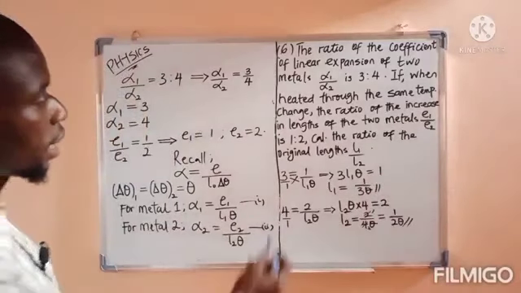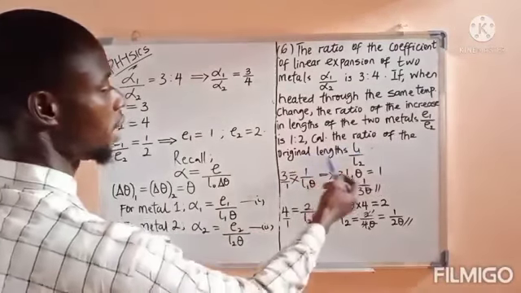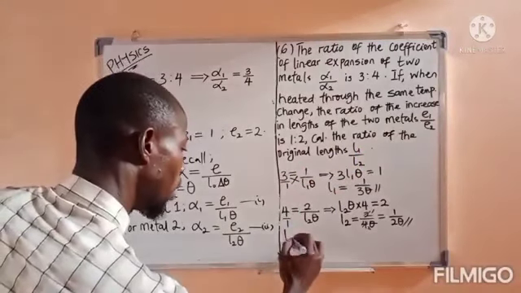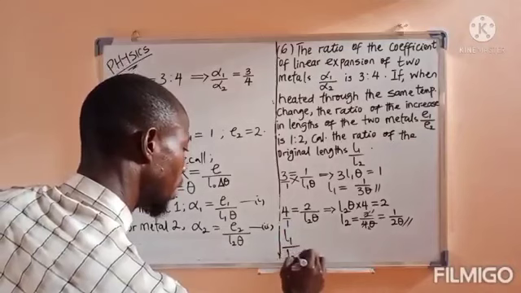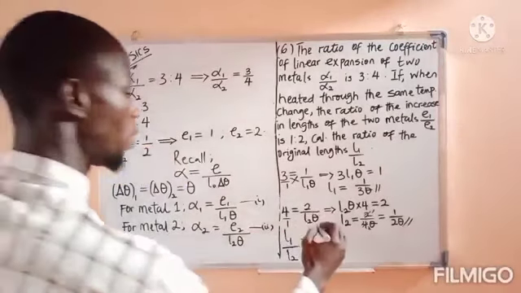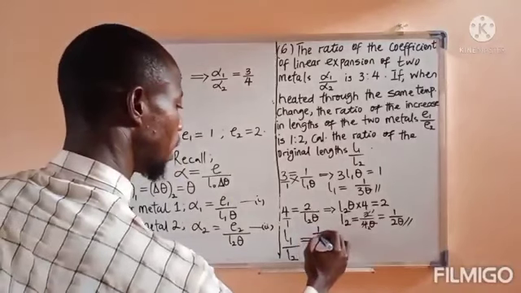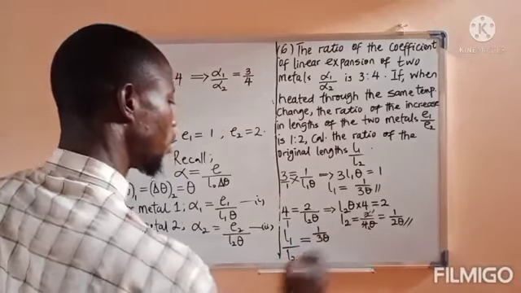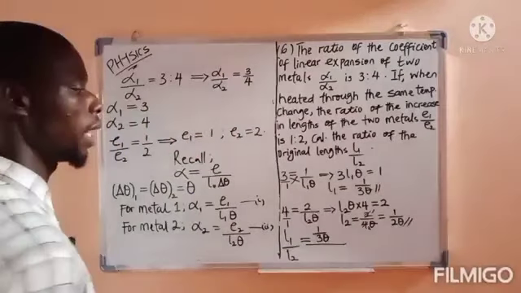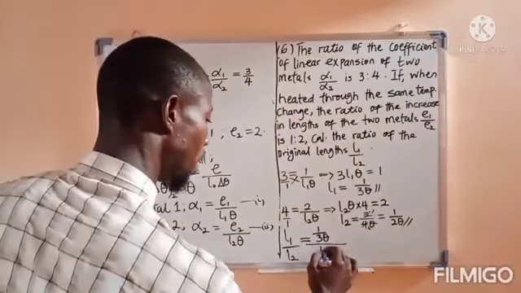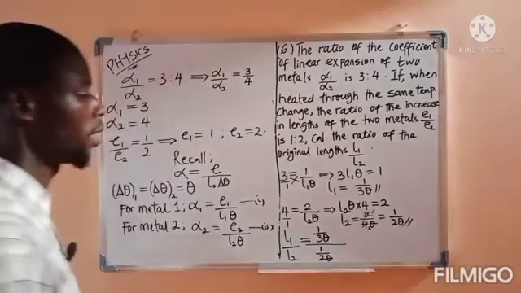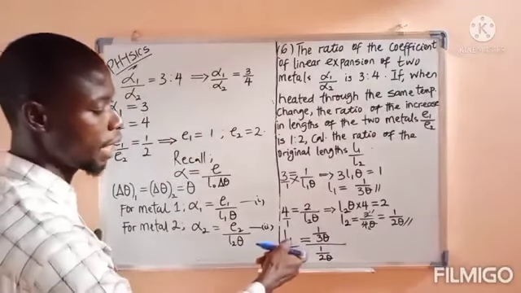Remember, the question is asking us to calculate the ratio of the original length L1 to L2. So L1 all over L2 will be equal to, what is my L1? 1 over 3 theta. Then big division all over L2, which is 1 all over 2 theta. Now this is division of fraction by fraction.